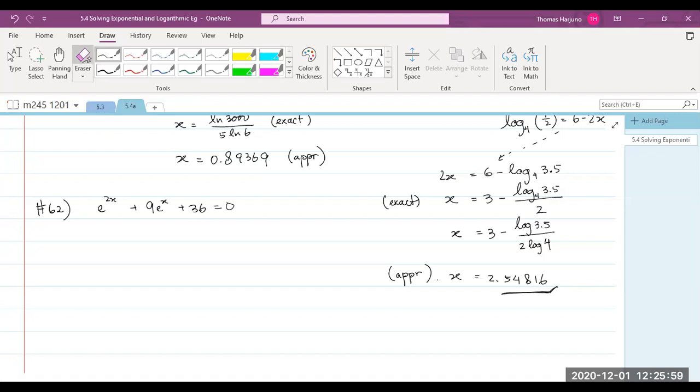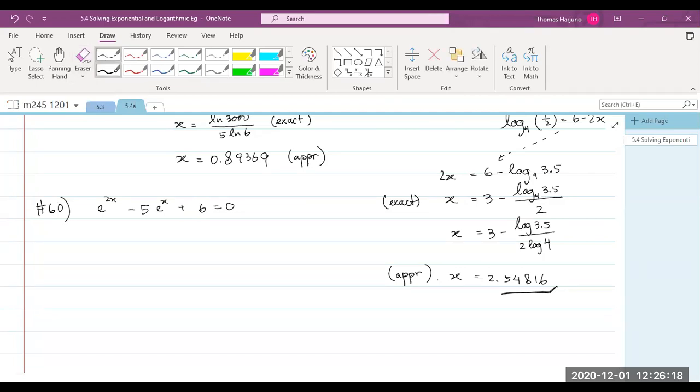Not a good question. Let me do number 60 first, and then I do 62. Number 60, this is e^(2x) minus 5e^x, and then plus 6.